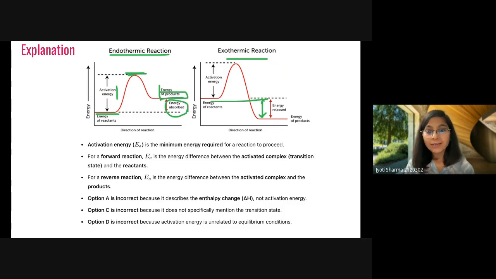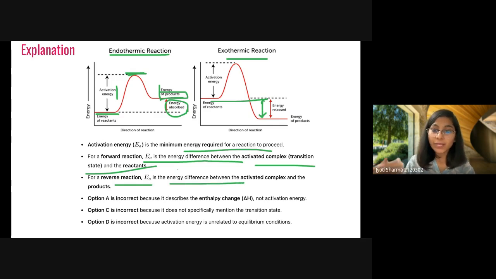So activation energy is the minimum energy required for the reaction to proceed, right? For the forward reaction, the activation energy is the energy difference between the activated complex, that is the transition state, and the reactant. For the reverse, as I told you, this is the energy difference between the activated complex and the product.